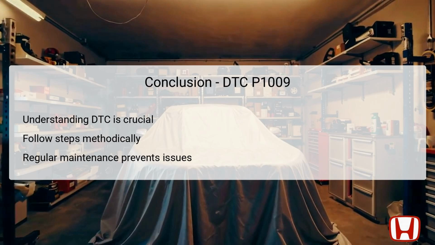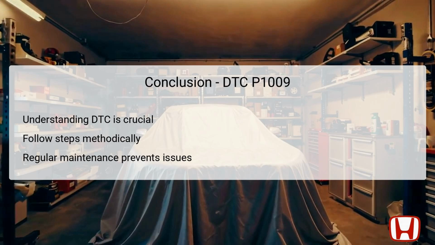In conclusion, understanding the implications of DTC P1009 is essential for effective vehicle maintenance and repair. Following the diagnostic troubleshooting steps methodically allows for pinpointing the exact cause of the issues, whether they are related to the VTC actuator, solenoid, or oil passages.